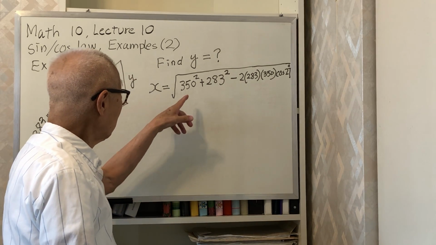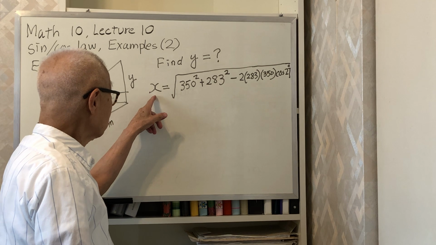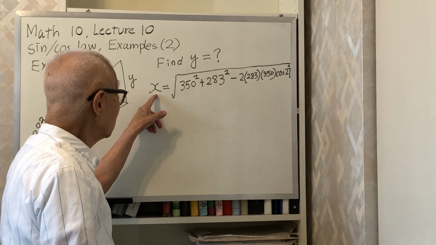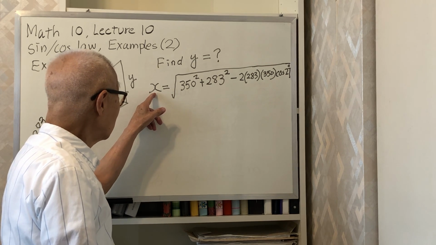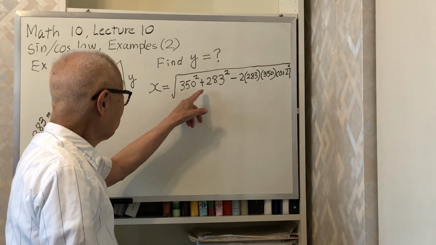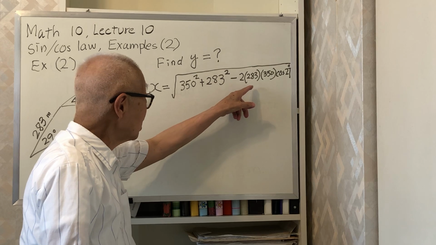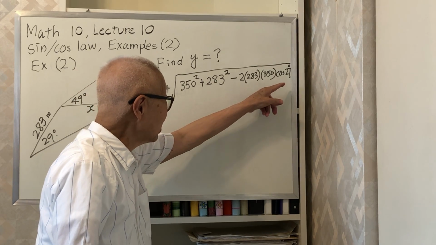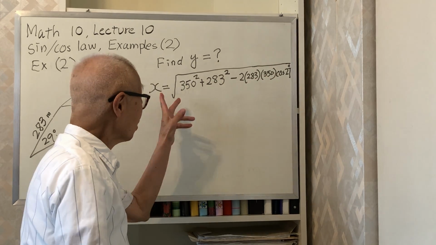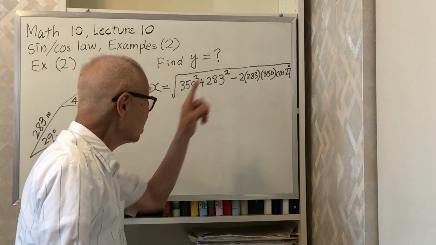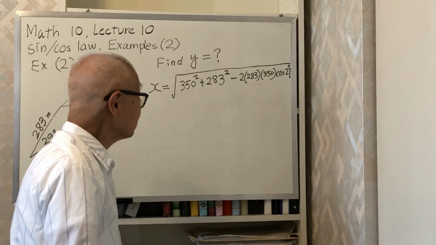Remember cosine law? If you call this c side, c squared is a squared plus b squared minus 2ab cosine of angle c. That's the cosine law. You take the square root, and that gives you x.